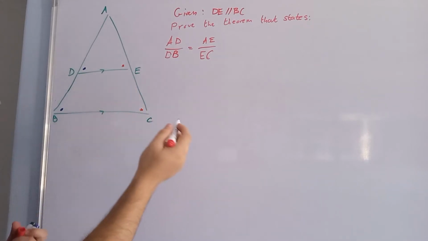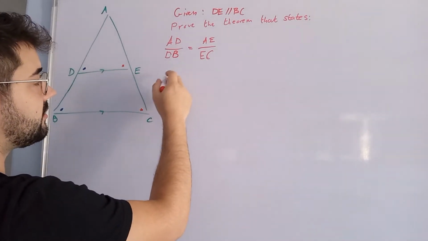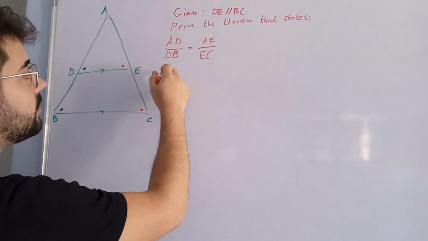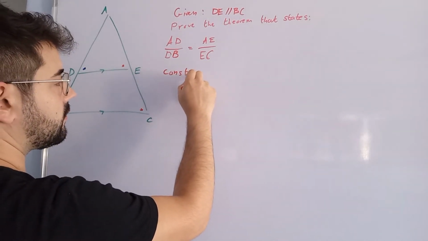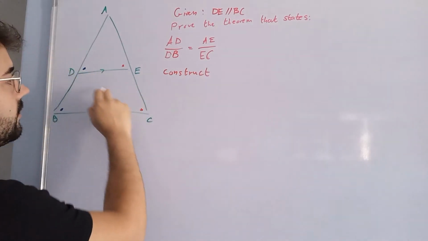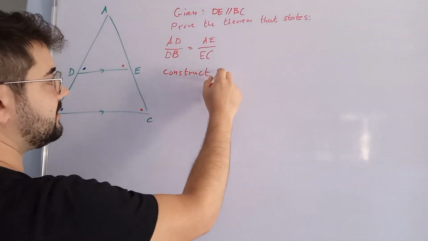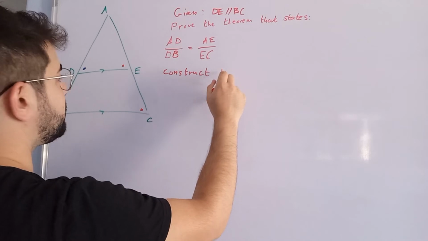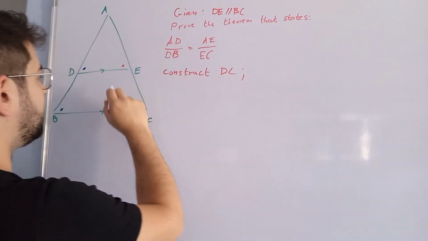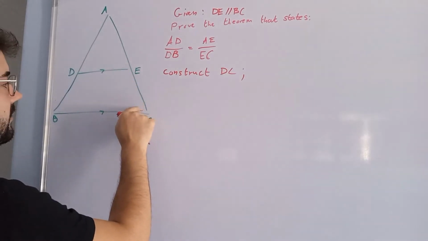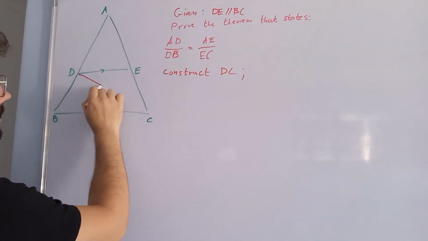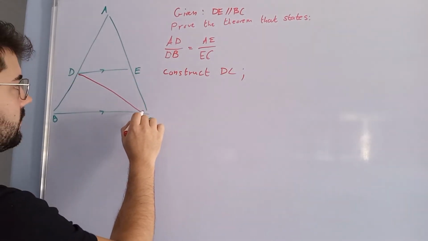So let's take a look at the second part here. Once again, we need to remember these constructions. We are going to construct DC and EB, and that's going to give us something like this.